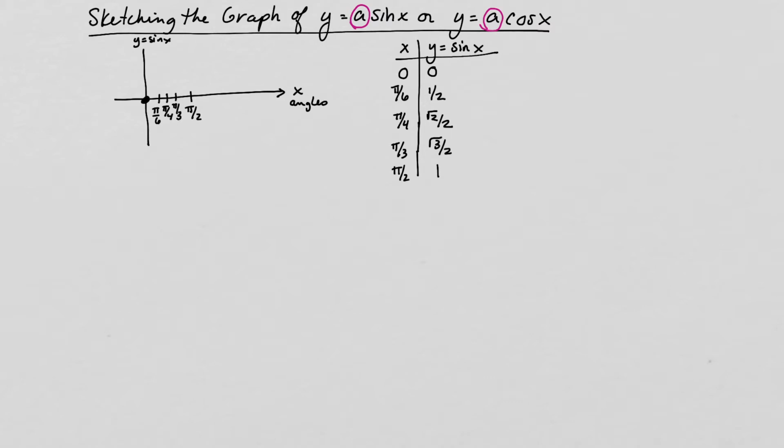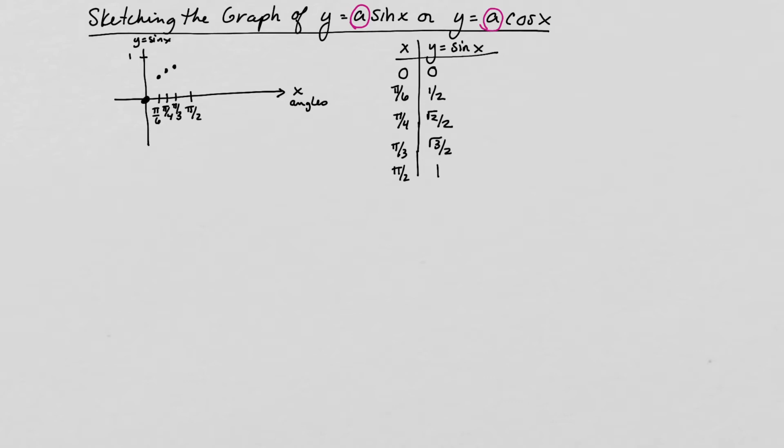If we plot these points, and let's say here is 1, we'd have pi over 6, 1/2, so about halfway up. We'd have pi over 4, root 2 over 2, a little bit higher. Pi over 3, root 3 over 2, and I'm just guesstimating where they are; you can put them into your calculator and get an actual value for them.